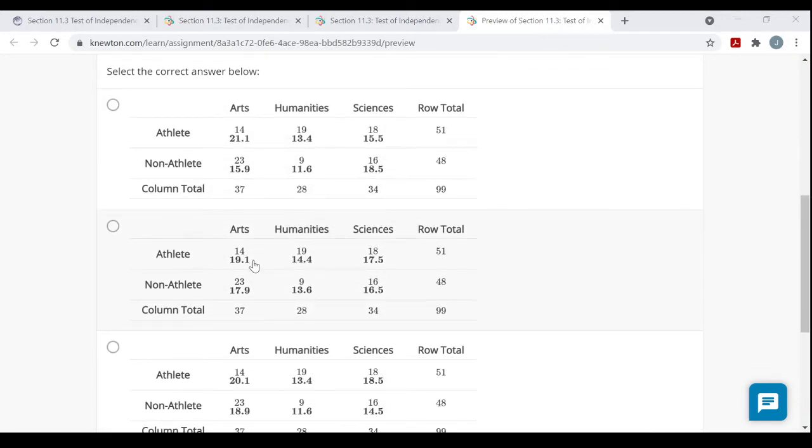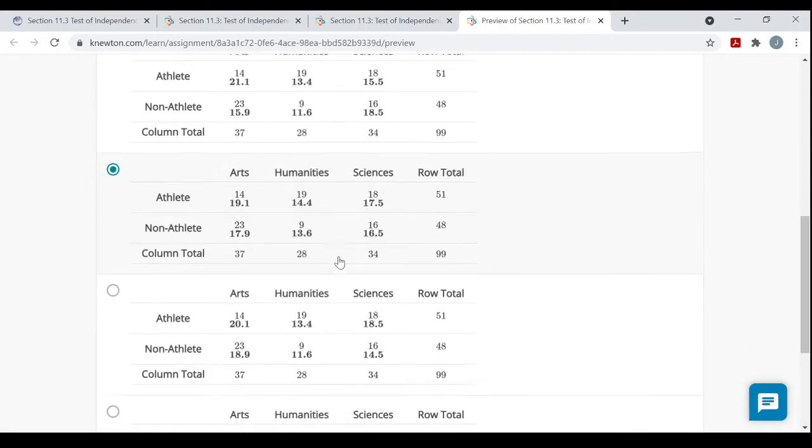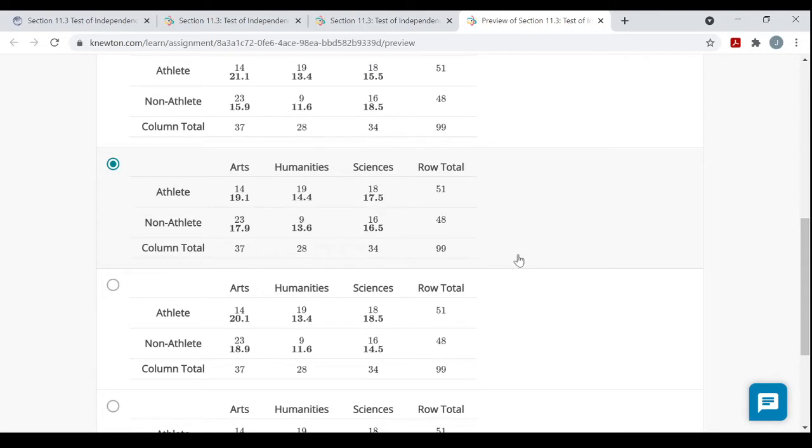They went to 1 decimal place. So let's see, 19.1, 14.4, 17.5, 17.9, 13.6, and 16.5. These are the ones. All the expected numbers are underneath the observed numbers on these tables. This is the one that matches, when rounded to 1 decimal place, the one I wrote on my paper.